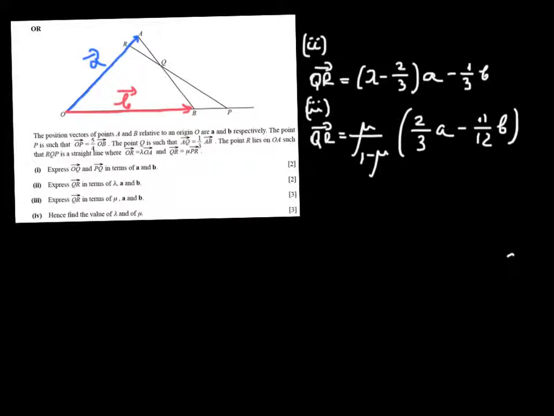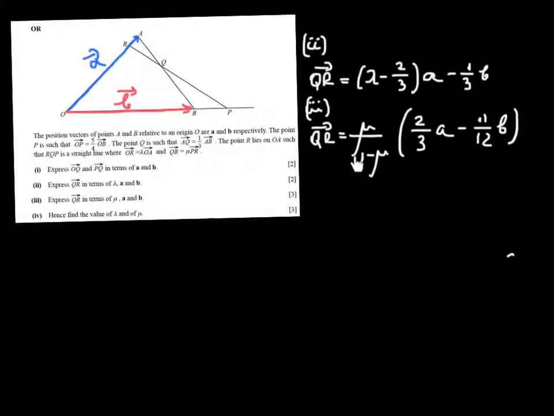The last question asks to find the values of mu and lambda. Let us remember that we found QR in two different ways: once using lambda and the second time using mu. Just to stress it again, if in this question in the expression of QR you have lambda, you don't get any marks, because they ask you to express it just in terms of mu and B, so no lambda.